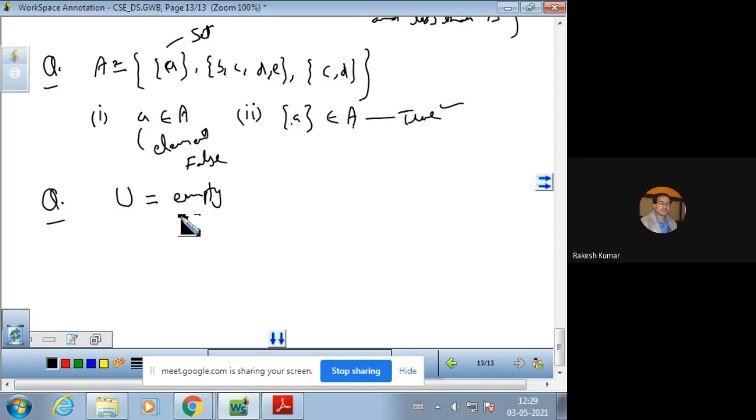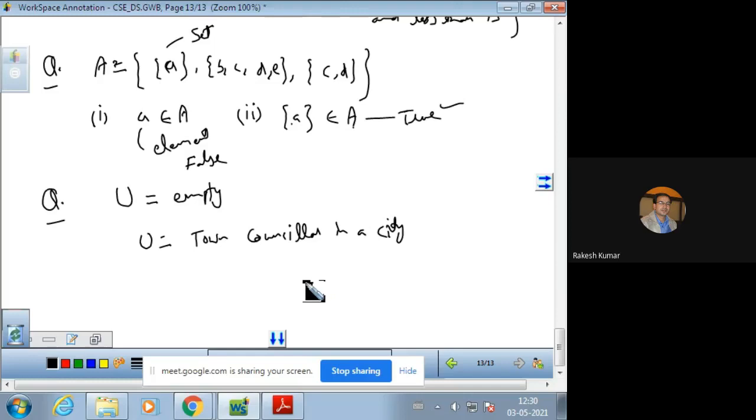Now, suppose U is the set of town councillors in a given city. किसी भी सिटी में टाउन काउंसलर है.